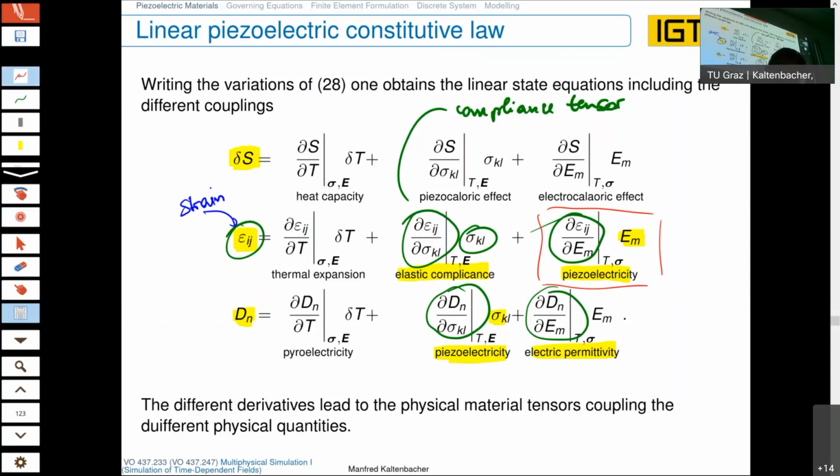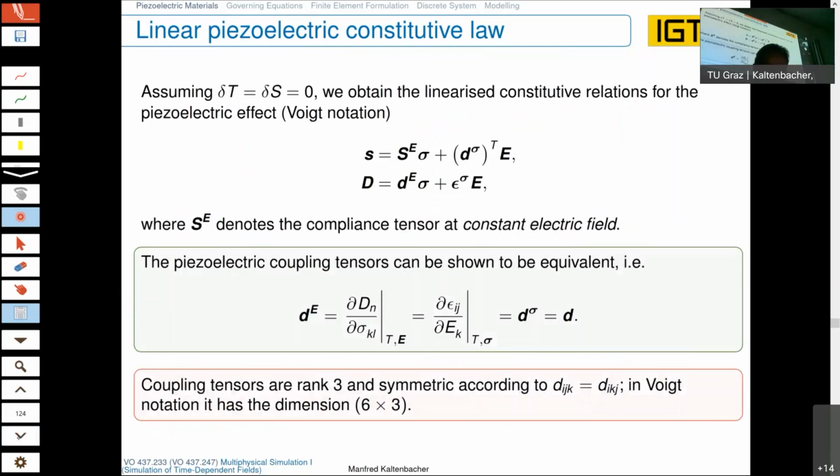And what we have here is the extension of the dielectric constitutive equation by this term, and it gives the full coupling between mechanical stress, strain, and electric field intensity E and dielectric displacement D. Okay, and that we can write down in this form as shown. So we have the mechanical strain written with S in our notation.